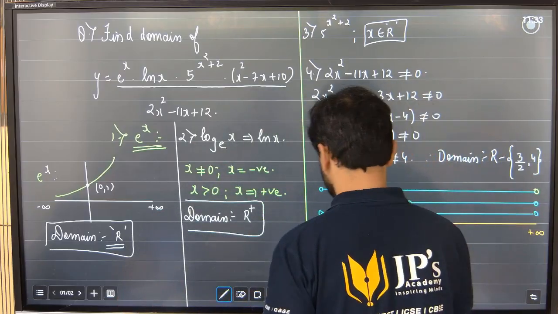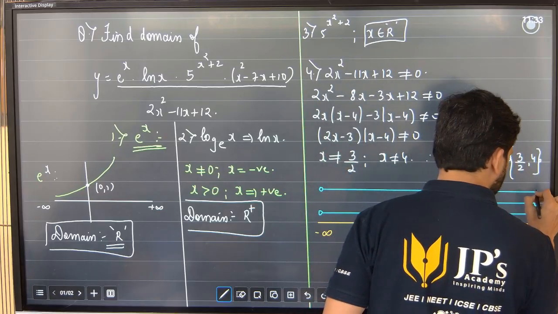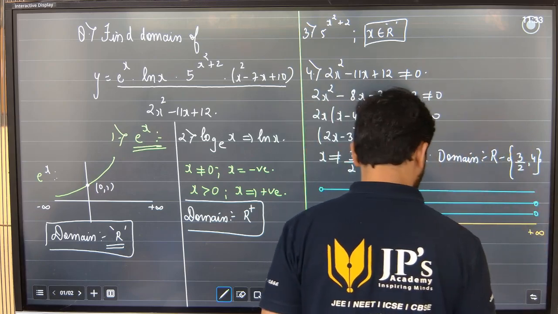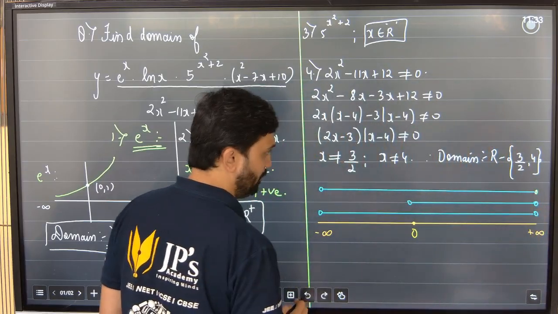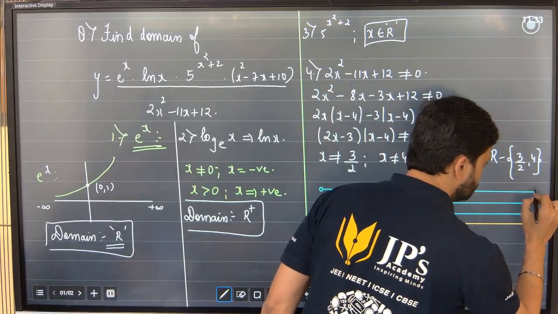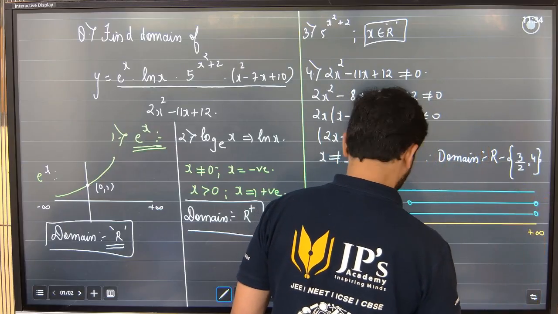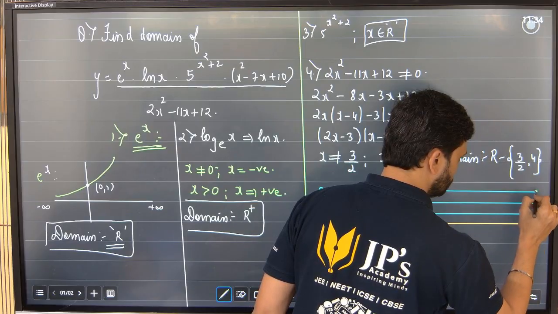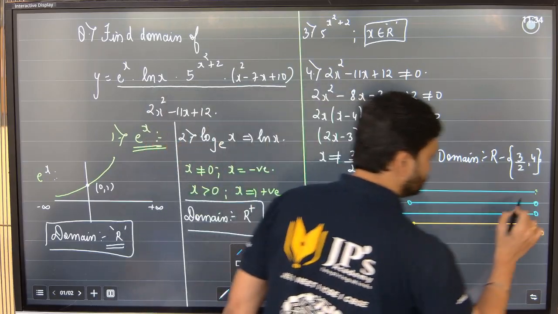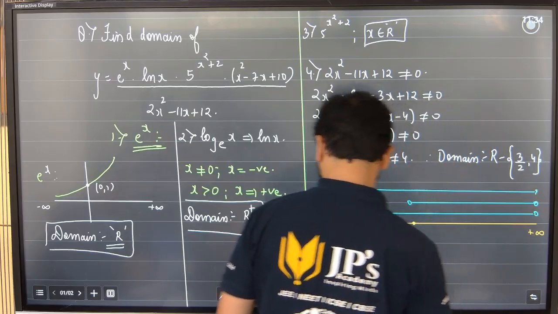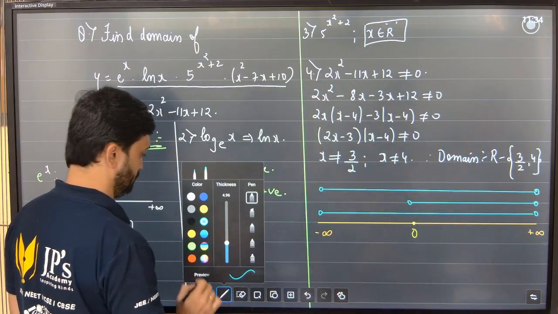This is the third part. Third part is positive real numbers.